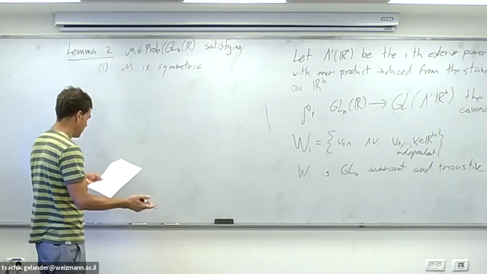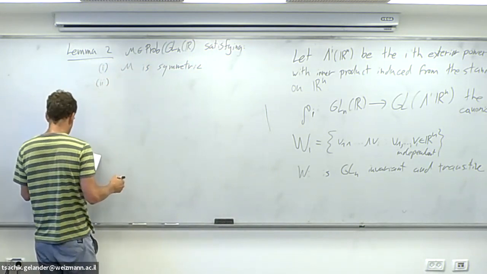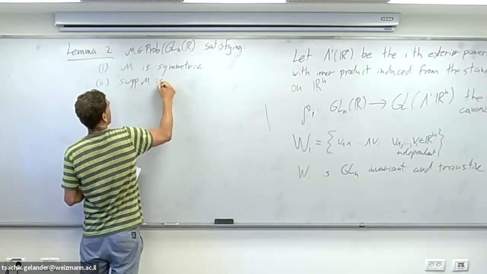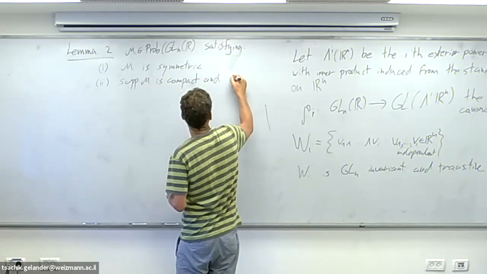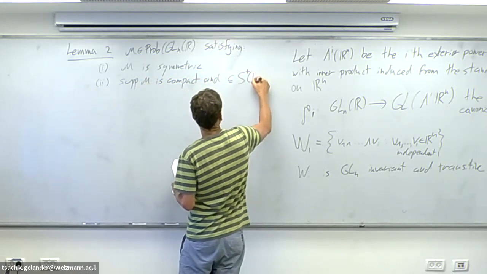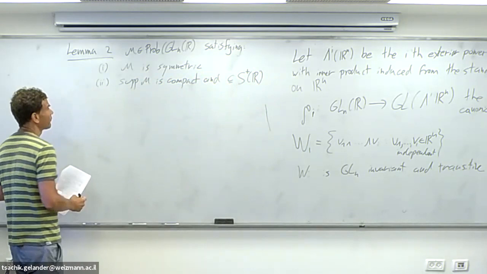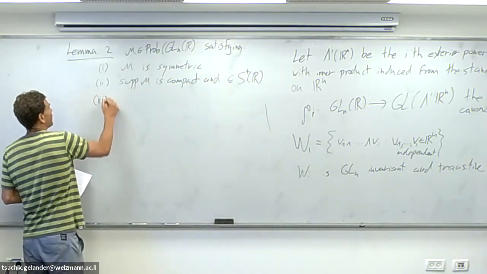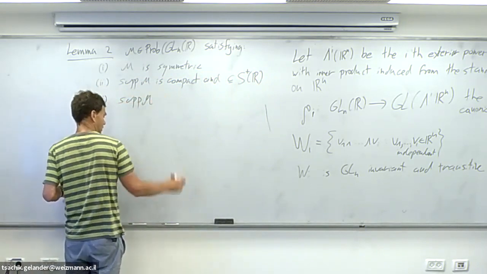The following conditions will be required also later, so I want to remember them. Two, the support is compact and contained in the set of positive definite symmetric matrices. And three, the group generated by this support is irreducible.